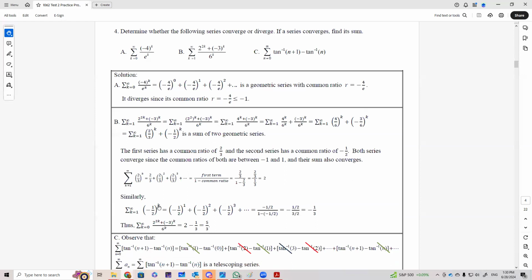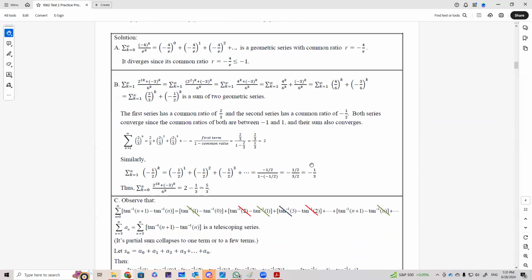And in the case of minus 1/2 to the k, which is minus 3/6 to the k, same thing. You can also compute the sum here, and it's just going to be minus 1/3. So then to find the general sum, you just have to add those two numbers. It's going to be 2 minus 1/3, and that's just 5 over 3.